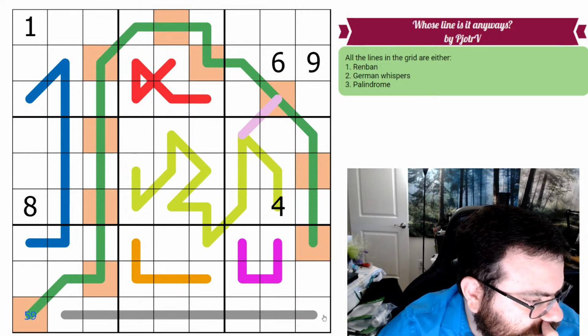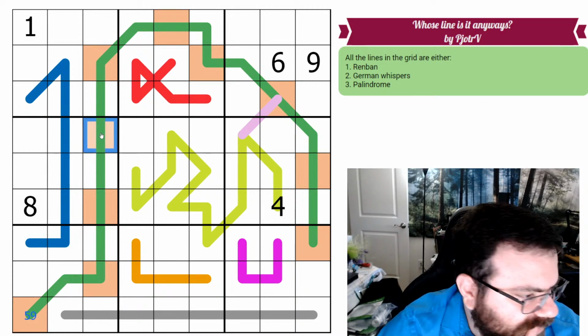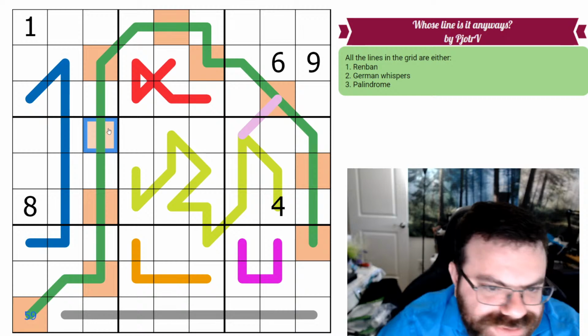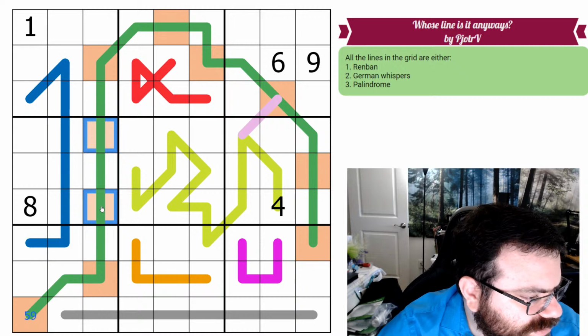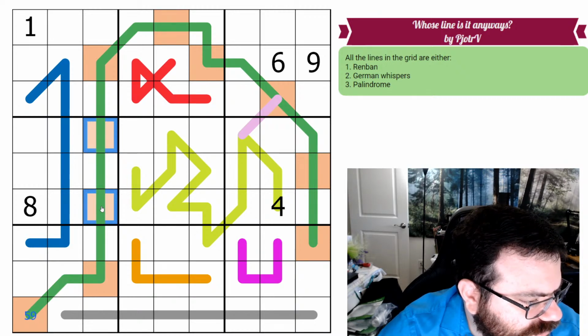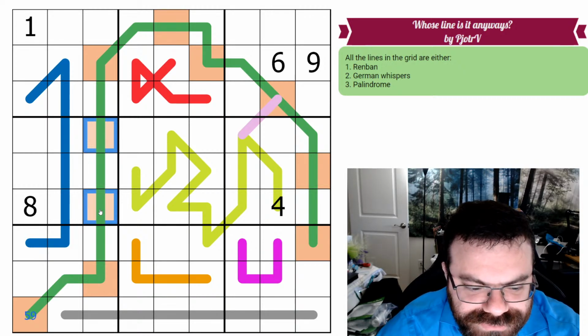So the 6, row 4, column 3, or row 6, column 3? Why would it have to have a 6? Can't I just omit 6 entirely from the line?